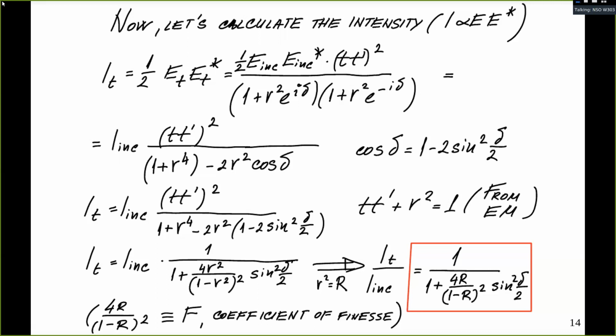We will see that the ratio between the transmitted and incoming intensity depends on the phase difference between the two consecutive beams and on the reflection coefficient of your filter. And this phase difference depends on, let's remember what? Index of refraction of your filter, thickness of your filter, and the wavelength you're looking at.